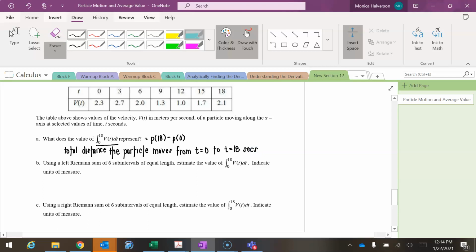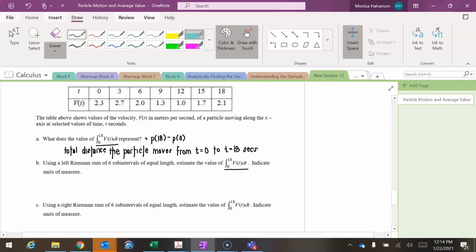All right, what else can we do from a table? Well, we can use a Riemann sum of 6 subintervals to estimate what this definite integral equals.